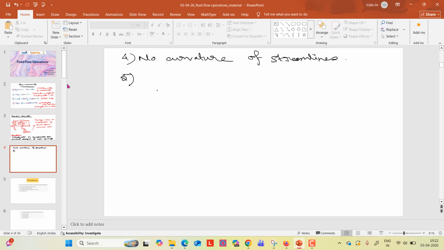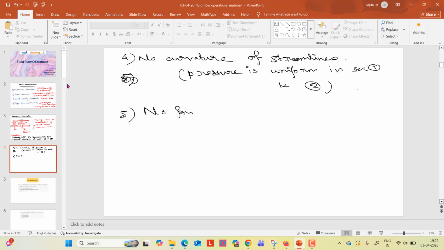No curvature of streamlines means that the pressure at the section is also the same. So velocity is uniform in section 1 and section 2, as well as pressure. This means pressure is uniform in sections 1 and 2, right? The fifth assumption is no frictional loss.